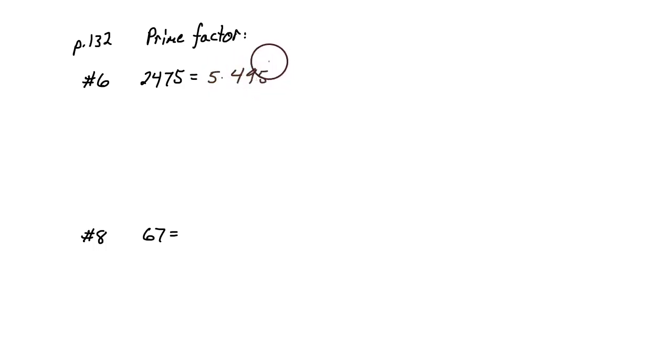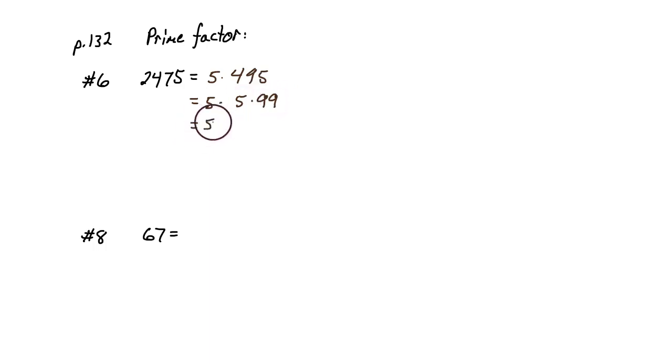Well, 495 ends in 5, so we know it can be divided by 5. Take a calculator and go 495 divide by 5. And that makes 99. So far we have 5 times 99. Can 99 be divided by any prime numbers? 99 divides by 3.